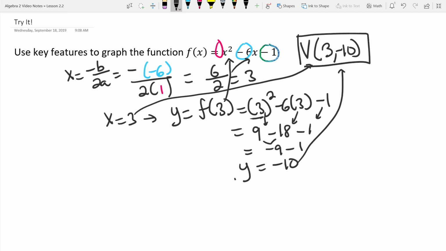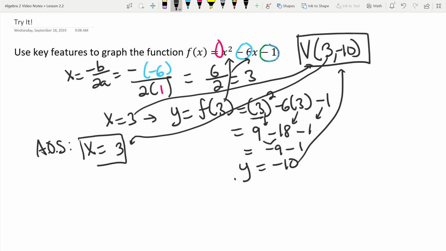Okay, so we got our vertex. All right, which means that our axis of symmetry is x equal to our x coordinate here. So x equals 3. And then our y-intercept. So for the y-intercept, set x to 0.